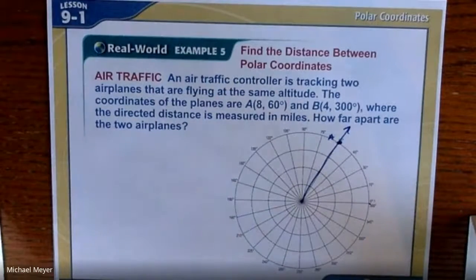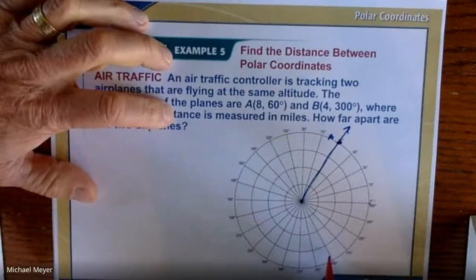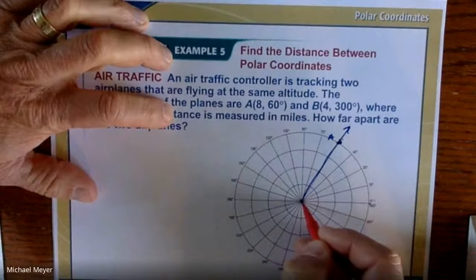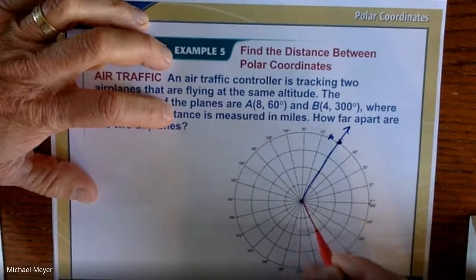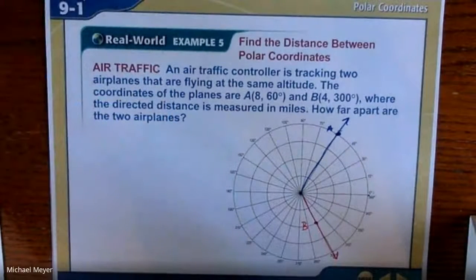And then plane B is at 4 at 300 degrees. So let's see, 300 degrees, and it's 4. I'm counting by twos. Remember, my scale is by twos. So it'll be right there. There's the location of plane B. Let's make those marks here.